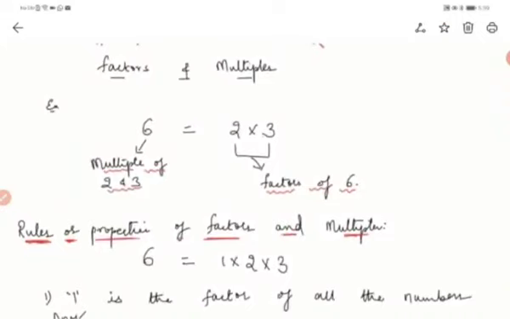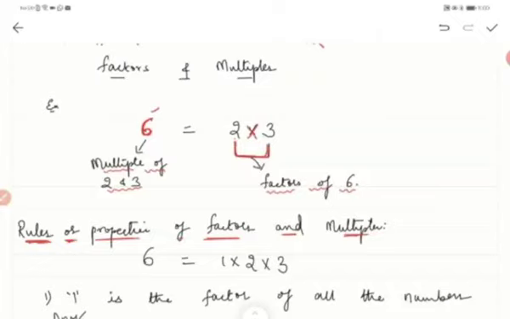So I took the example of 6 here. You can write 6 as 2 into 3, in its table we have 2 cross 3, isn't it? 2 threes are 6. So these two we call them factors of 6.